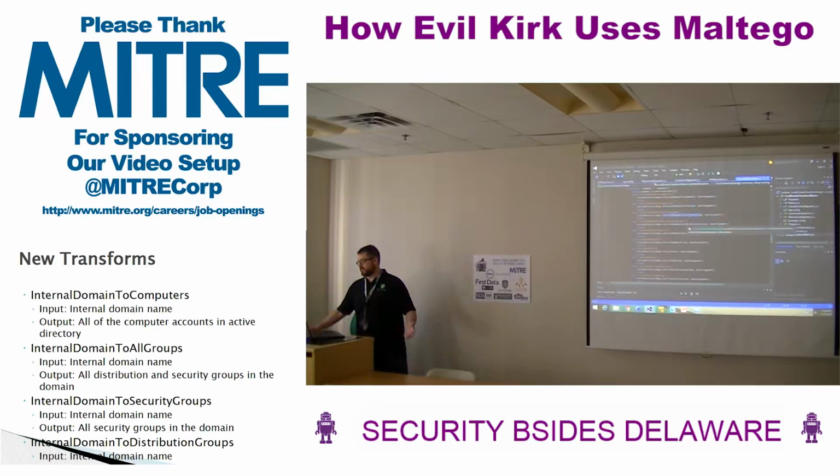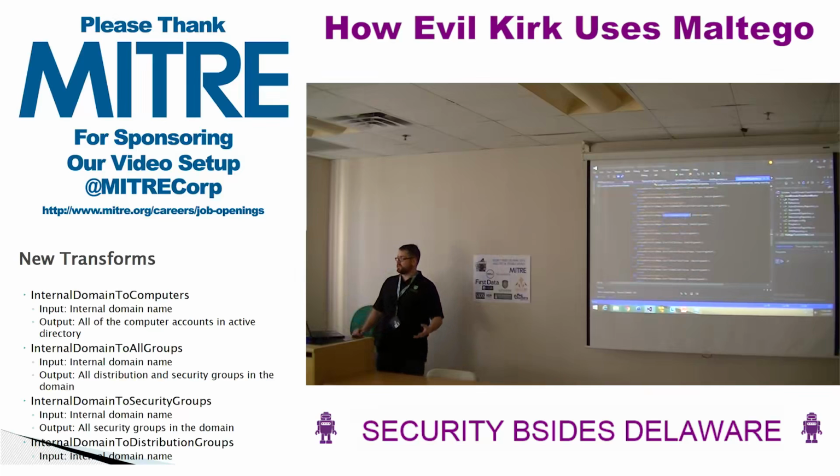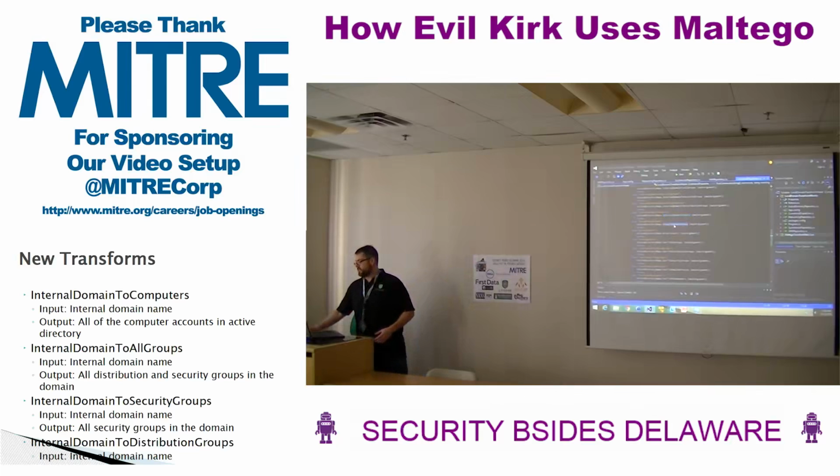Then there are separate ones for just security groups and just distribution groups if you're just interested in those individual groups. Internal domain to users gets all of the users in the domain, or all of the users that you can see in the domain, and puts them out there on the graph for you. And then group to member groups gets all the subgroups inside a group. So I usually start off with internal domain to computers and internal domain to all groups, and then highlight all the groups and run group to users.